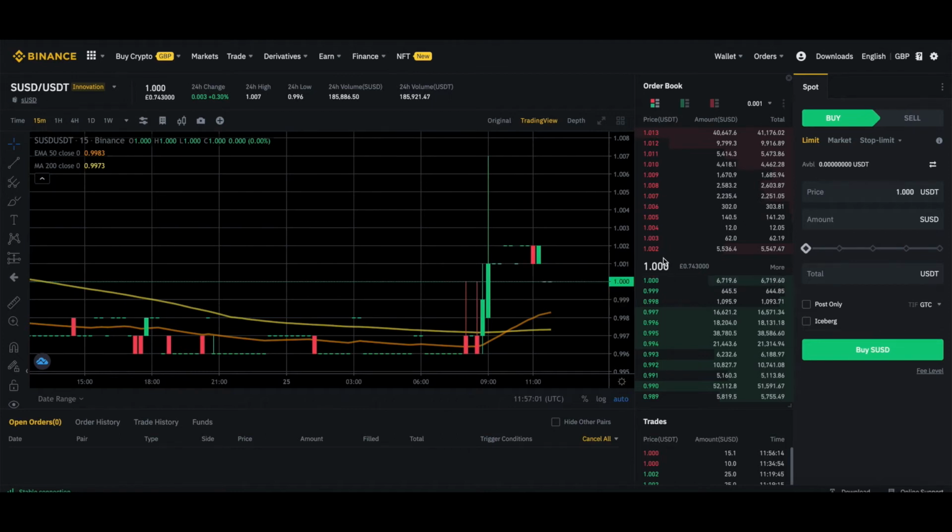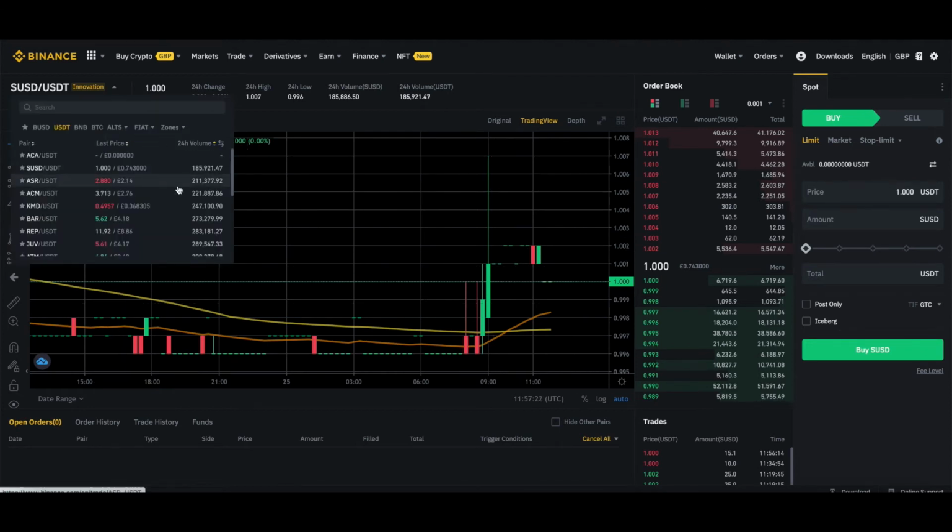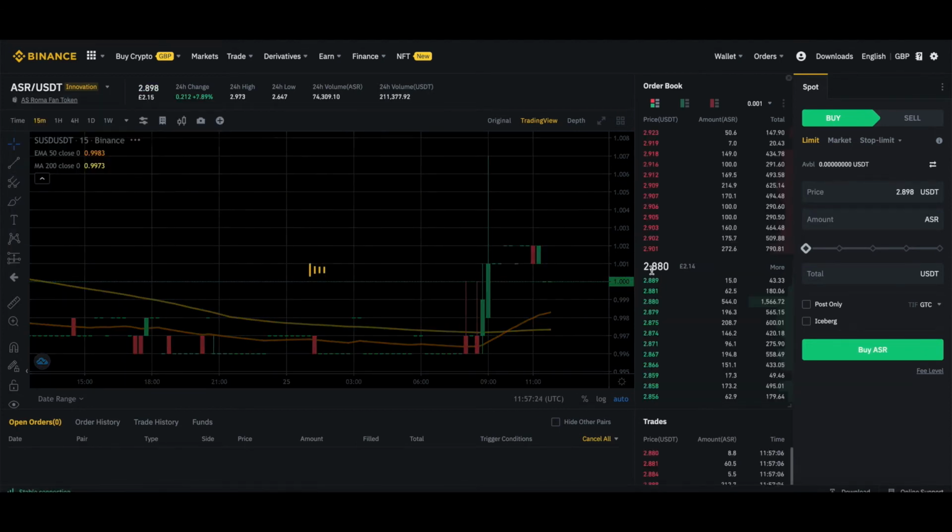So the gap between the bid and the offer we call the spread. It's not going to be very big in crypto because there aren't huge spreads. They're normally quite volatile. This is the sort of closest you're going to see, because there's not much activity on these smaller coins.